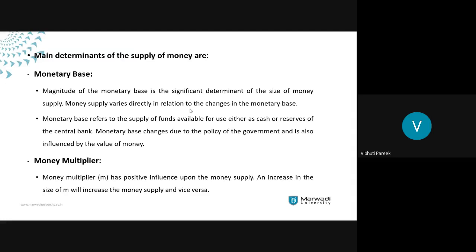Now this monetary base changes due to the policy of government and is also influenced by the value of money, that is, the cost of money in front of the foreign currency. So the monetary base is influenced by these two things: the policy of the government and the value of money.